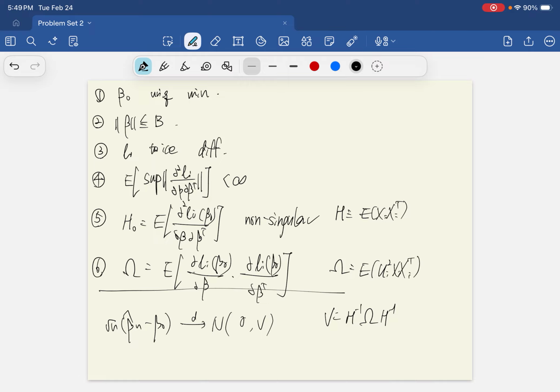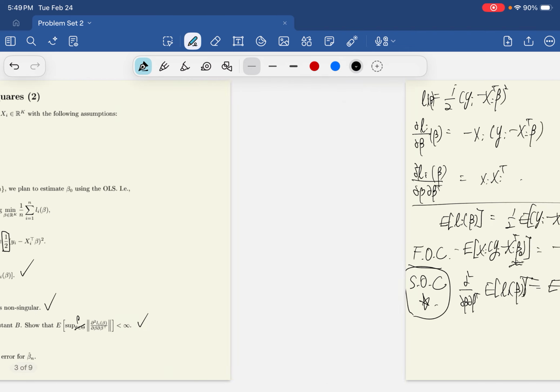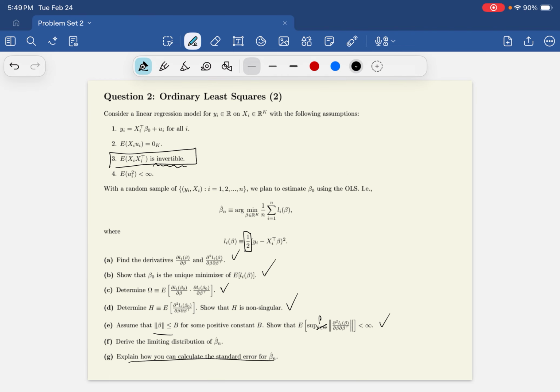So then we get the same familiar sandwich formula. Okay, and the final part is, how can we calculate the standard error? Exactly the same as the first question, so I'm not going to show you.